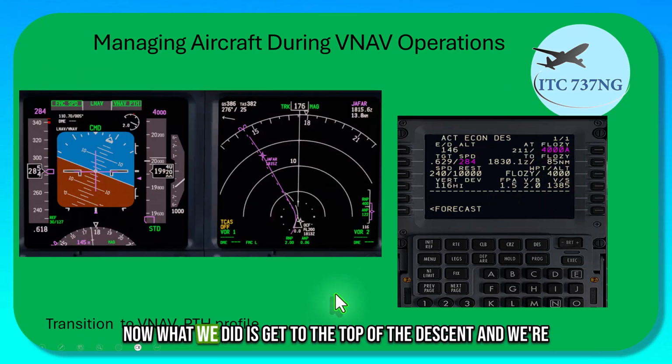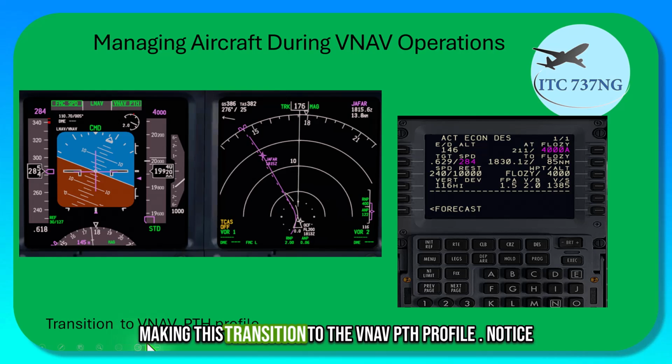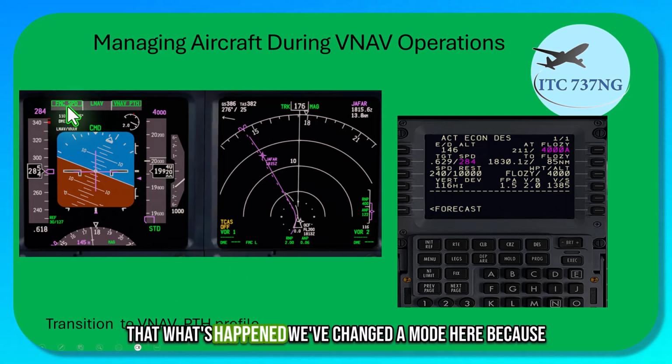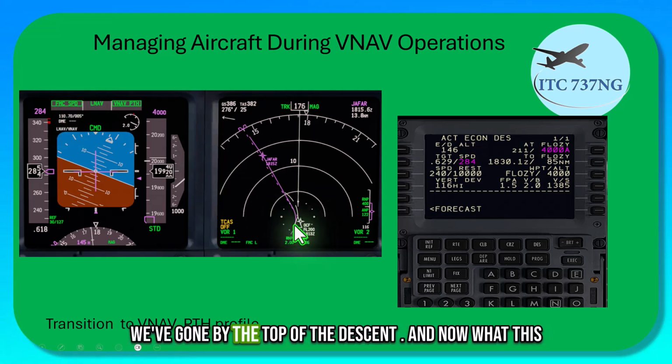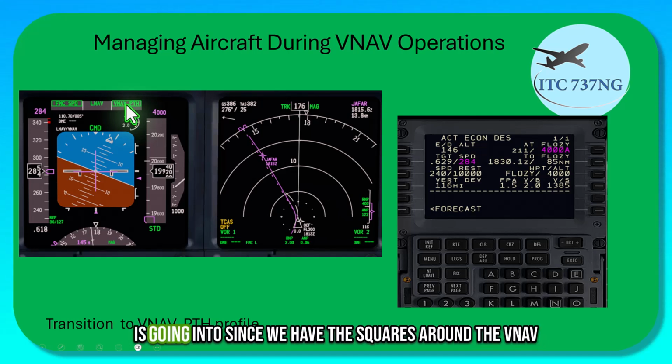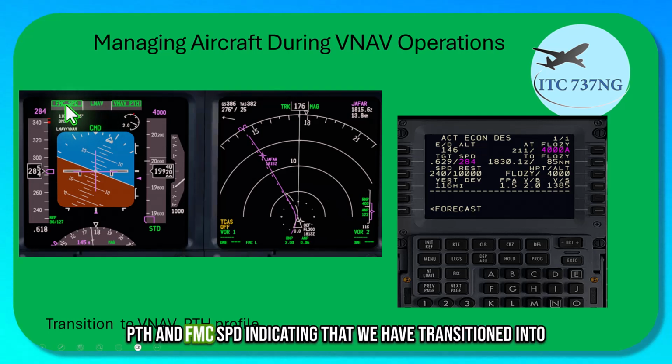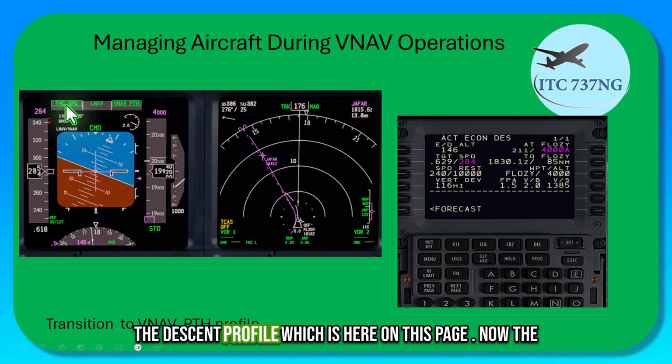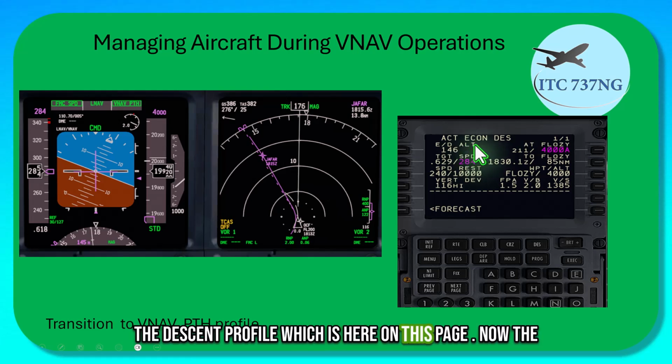So now we get to the top of the descent, and we're making this transition to the VNAV path profile. Notice that we've changed a mode here because we've gone by the top of the descent. And now, since we have the squares around the VNAV path and FMC indicating that we have transitioned into the descent profile, which is here on this page.